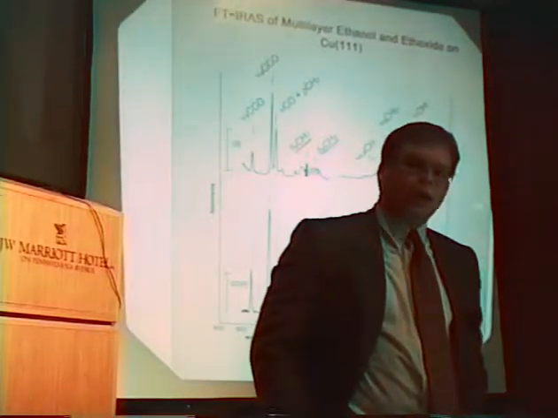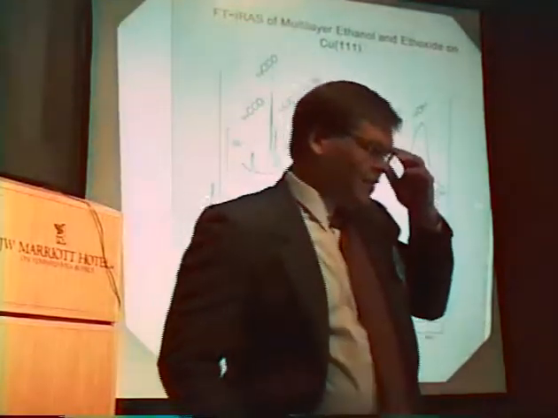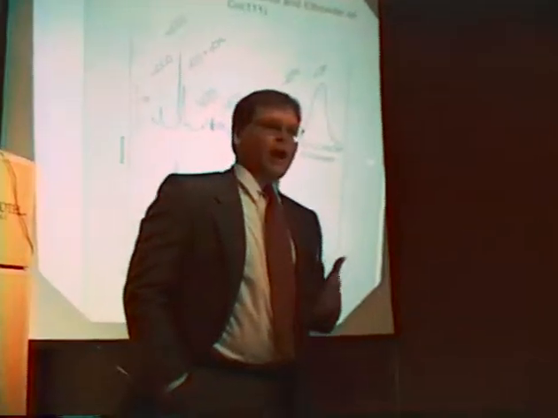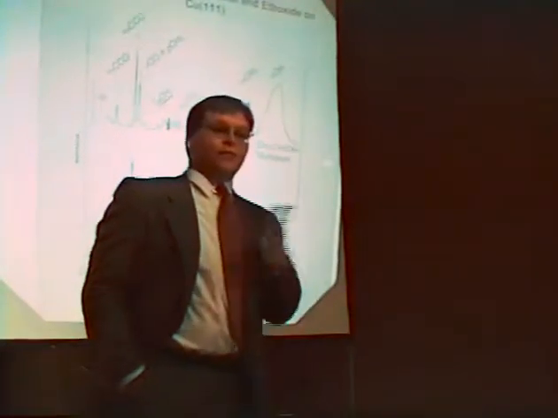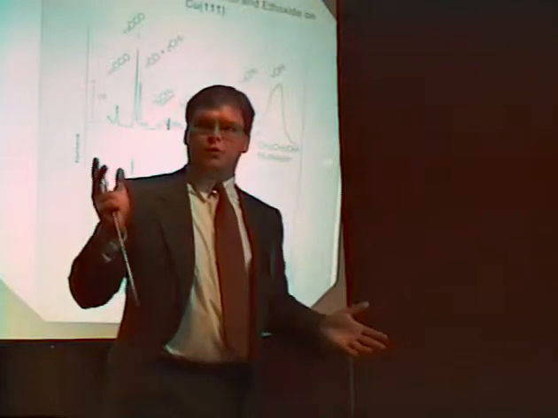That's pretty impressive, I think. It just happens that the average structure of this thing has both a tilt for the methyl group and a tilt for the whole molecule. That's going to give rise to projections from all sorts of modes.